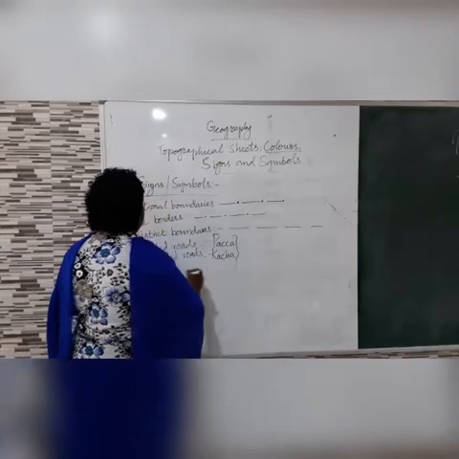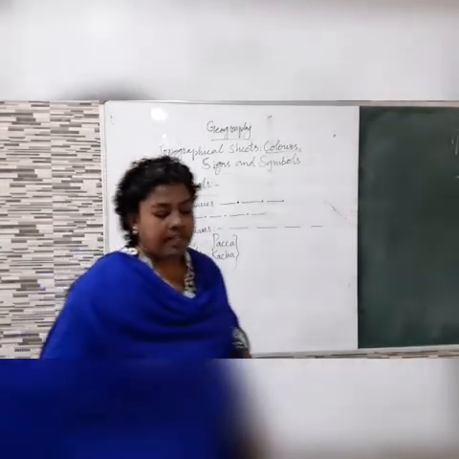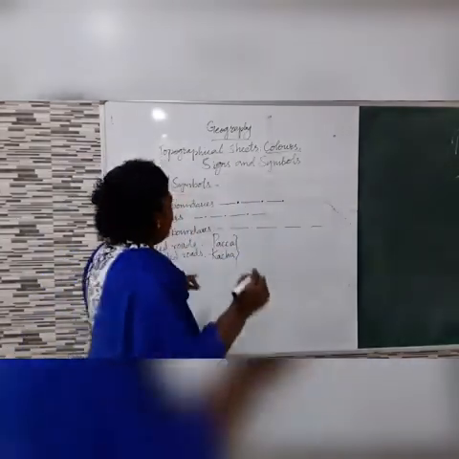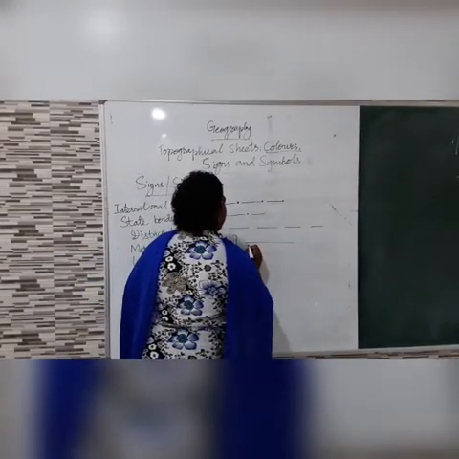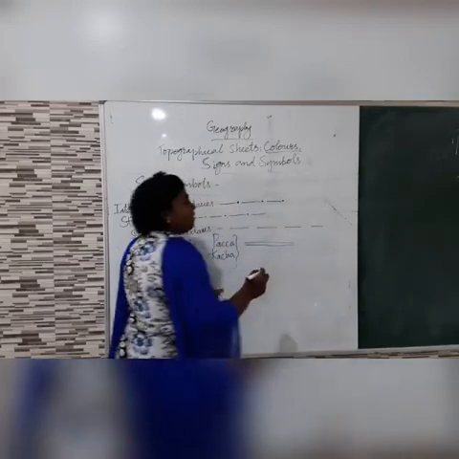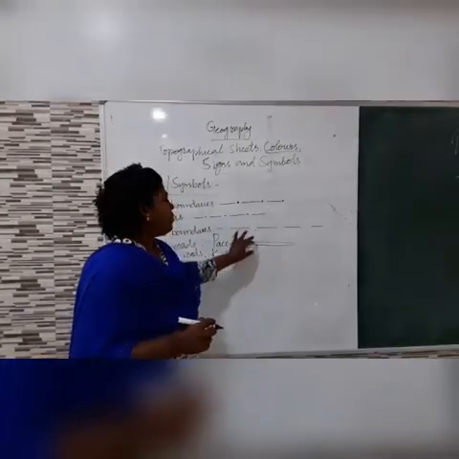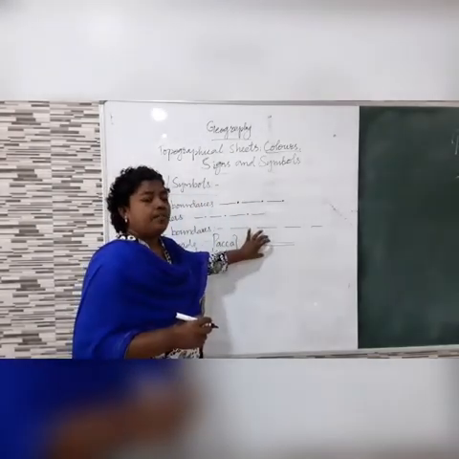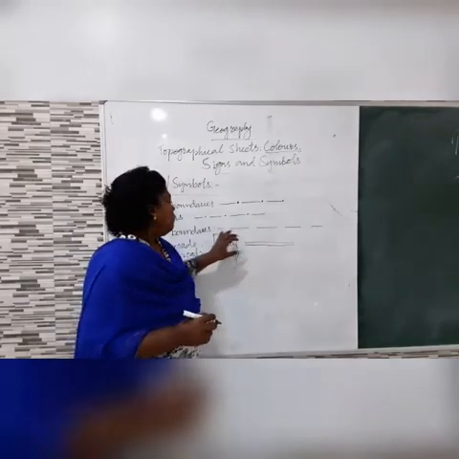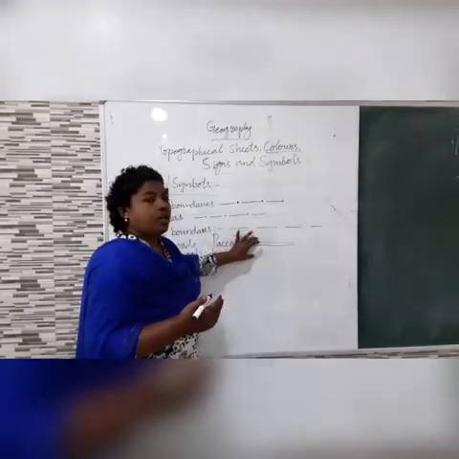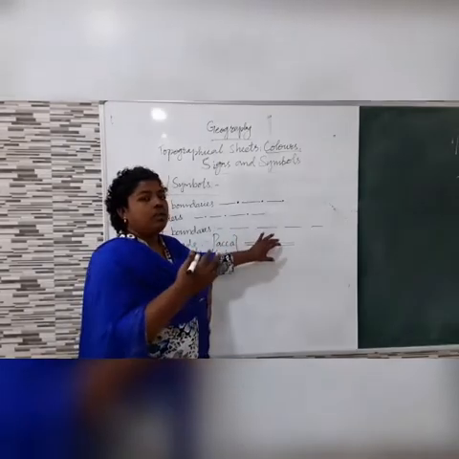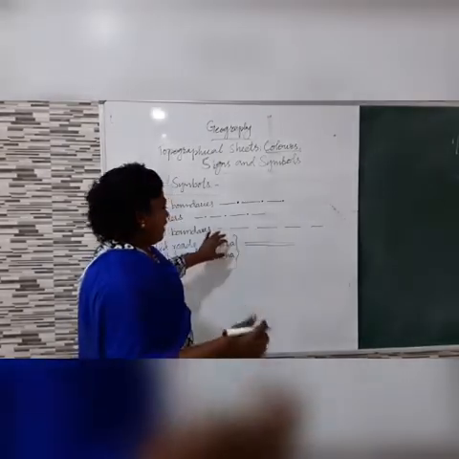And what signs and symbols are used to denote the metalled road? Two parallel lines in red color will be drawn. If you find two thick parallel lines in red color, it shows that metalled or Paka roads are found on the way.